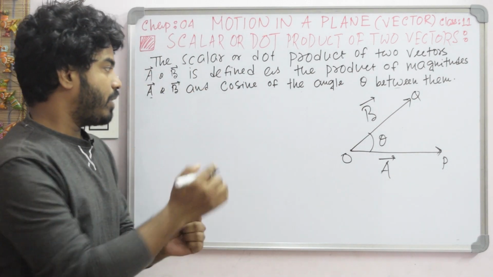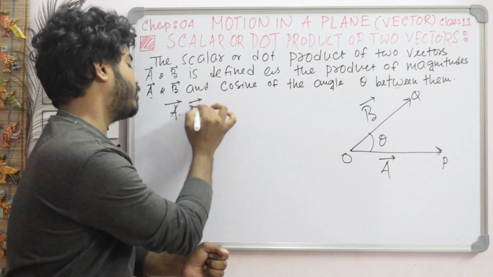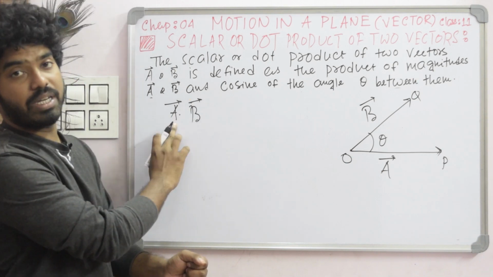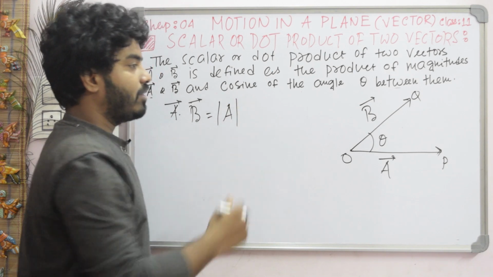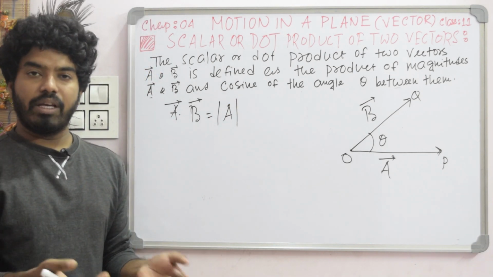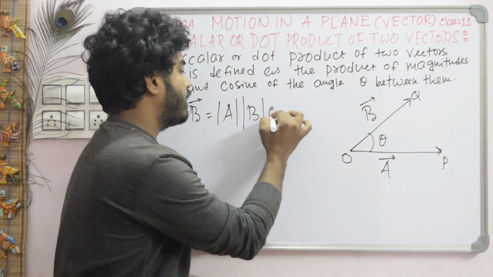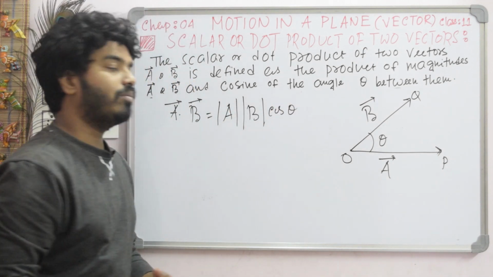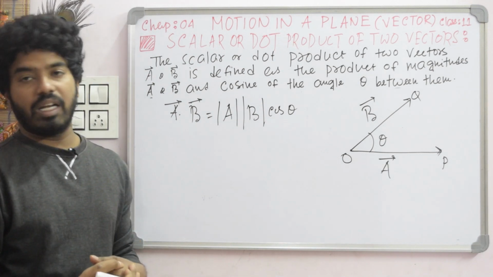Now here vector A dot vector B, the dot product of these two vectors A and B, is equal to the magnitude of vector A, that is mod A, or you can write A, times the magnitude of vector B, that is mod B, into the cosine of the angle between them. So this is the definition of scalar or dot product.